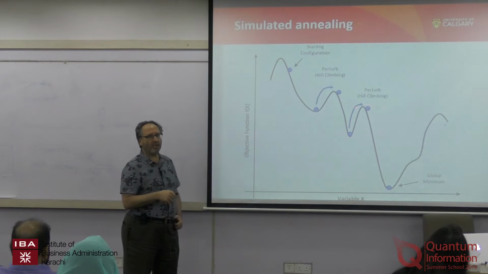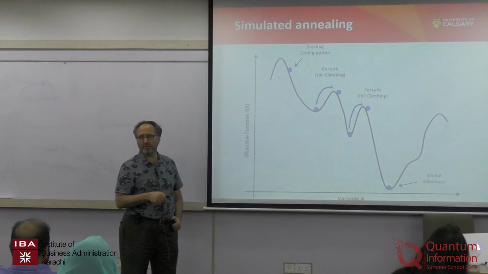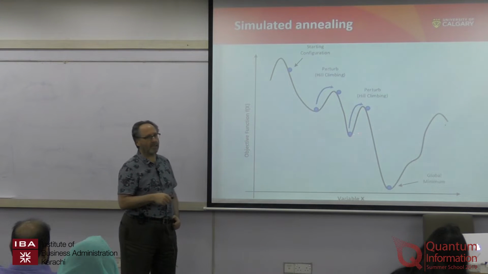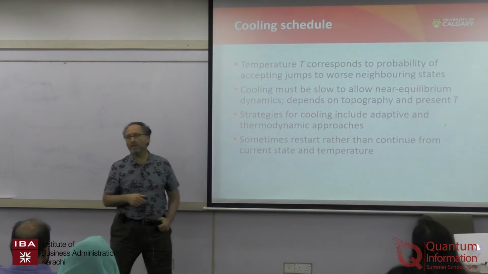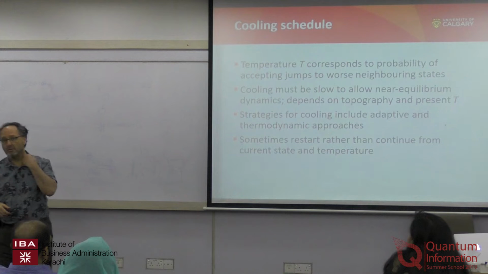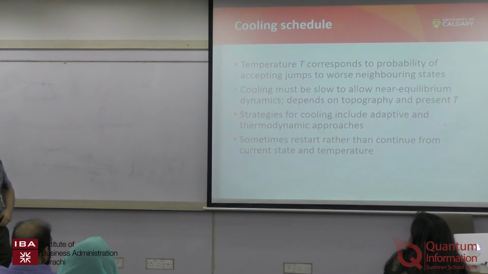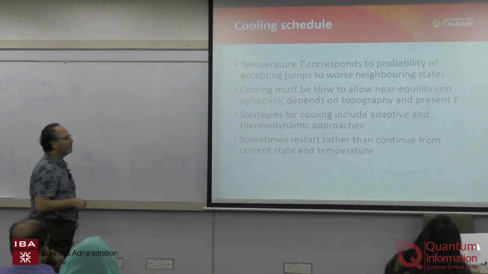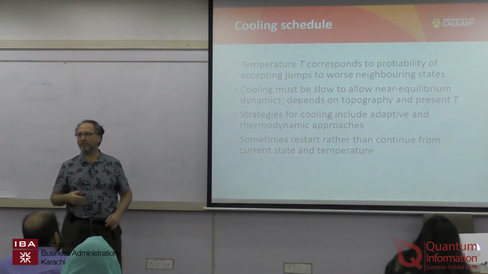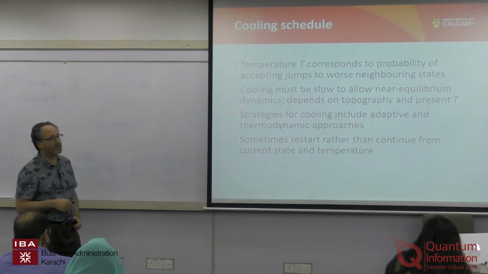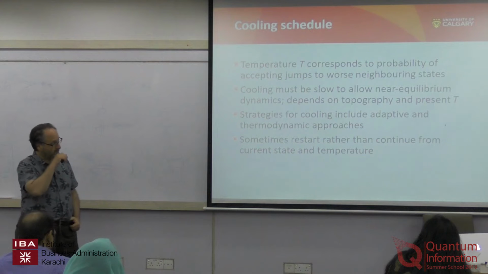So the unknown topography of your system, the layout of the landscape, is vital in working out the time scale to cool, and yet you don't know the time scale to cool. So that's a critical point. There are people doing research their whole lives just on how to do proper cooling. And it's generally empirical. They'll take problems, try to solve them, see what happens, and then adjust the cooling dynamics accordingly.